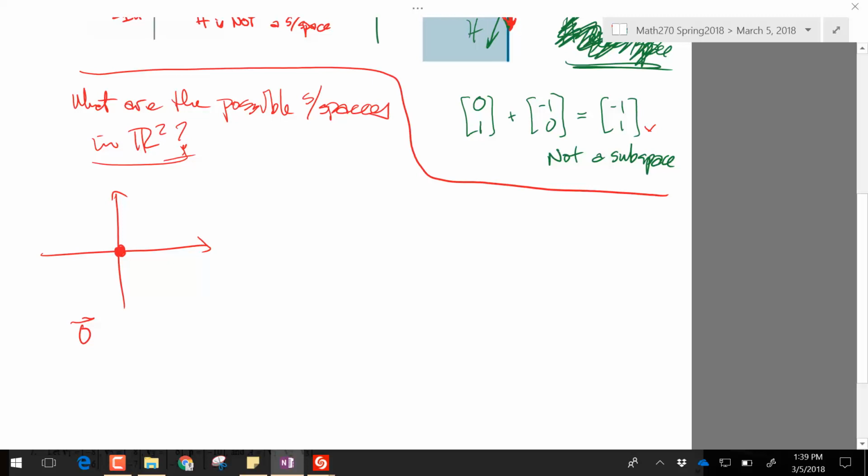Let's talk about this first. So the zero vector space, let's call it S0.